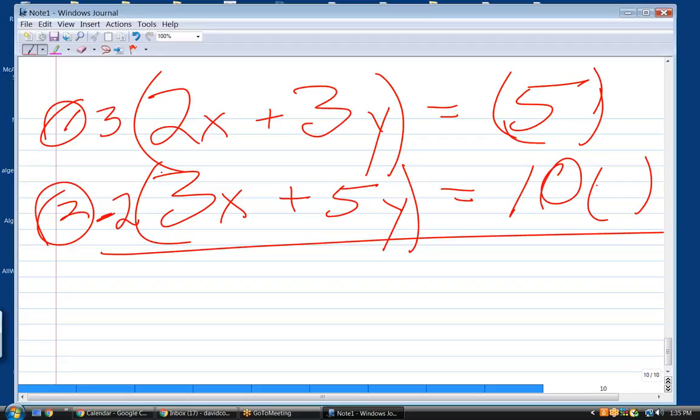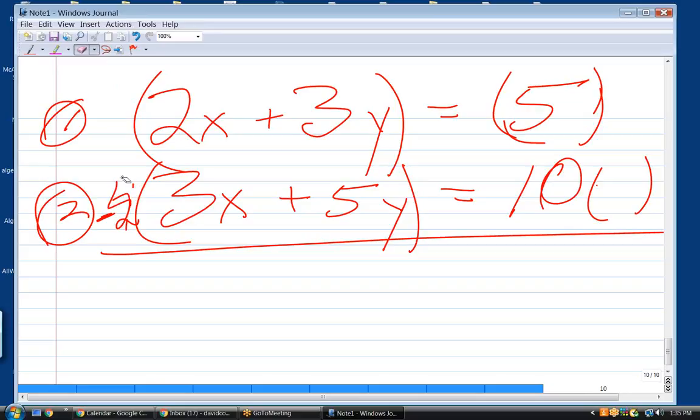Then when I add the two resultant equations, my x's are going to disappear. Now, I could also multiply it by 6 and 4, same thing. But you're looking for kind of a least common denominator kind of thing.